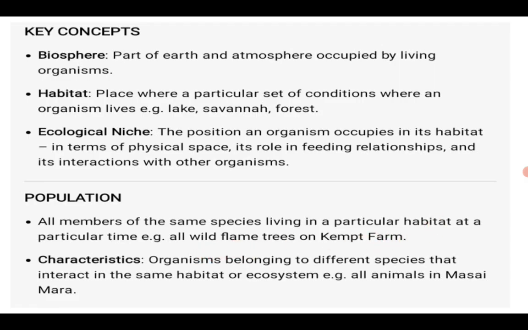For example, animals in Masai Mara, a region in an ecosystem in East Africa. So different species that interact in the same habitat are called a community.